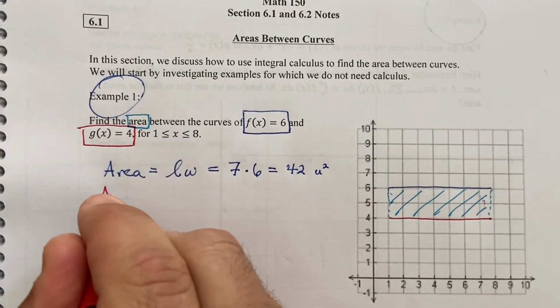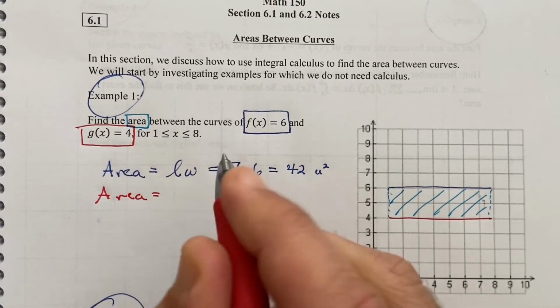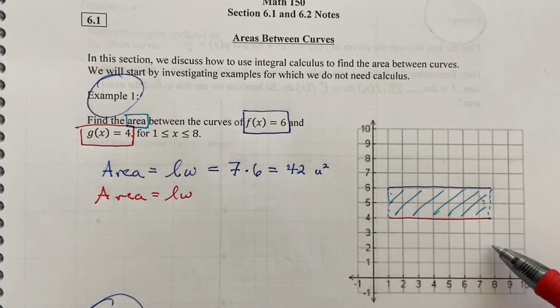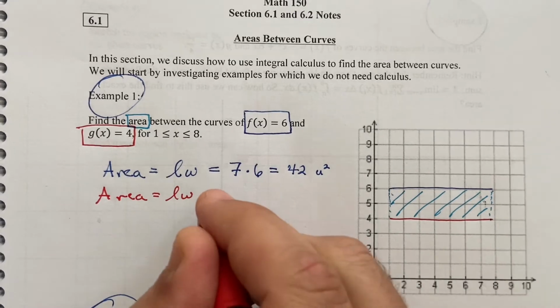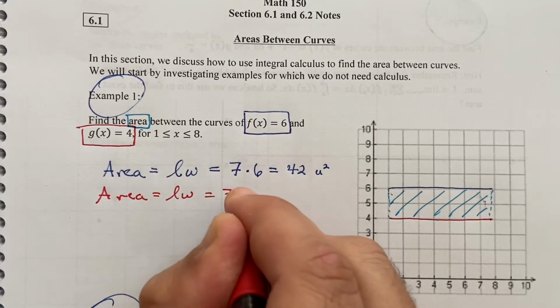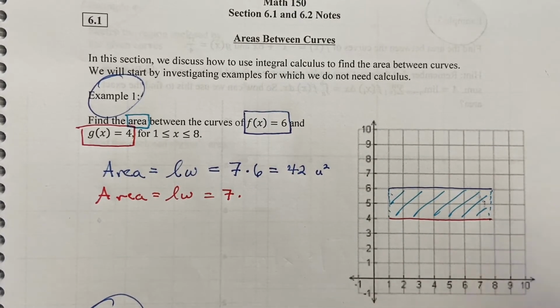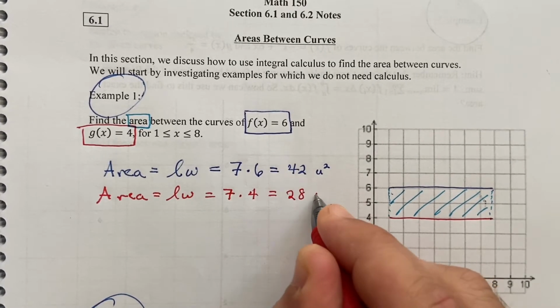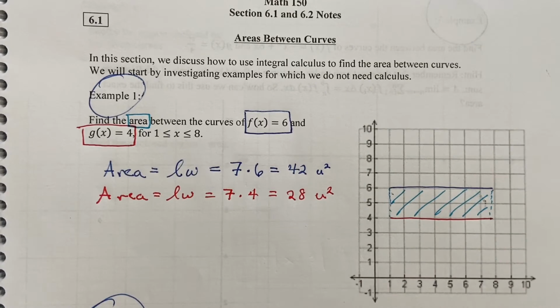The area under the red, again, is a rectangle. It still has a length of 7, but this time it has a height of 4. So we would have 28 square units there.